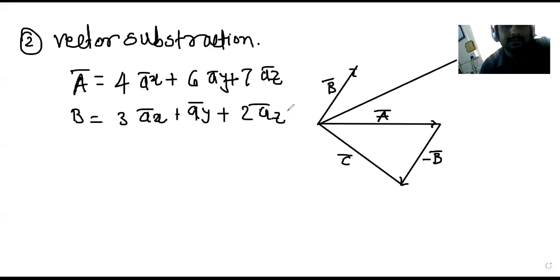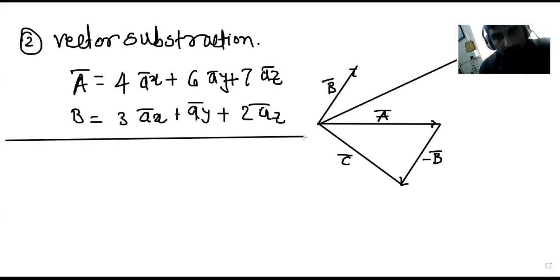Right. So those two vectors are given, and I want to find the subtraction. I want to subtract those two vectors.